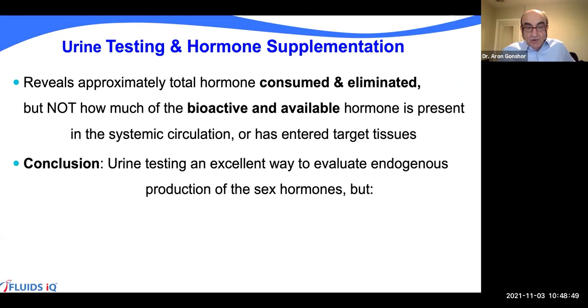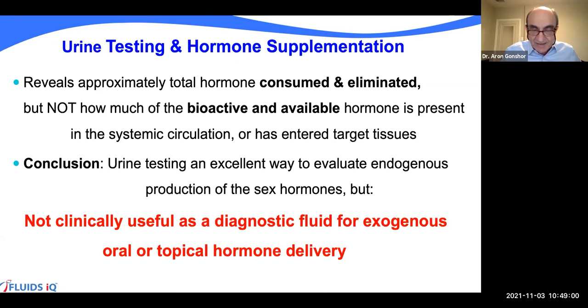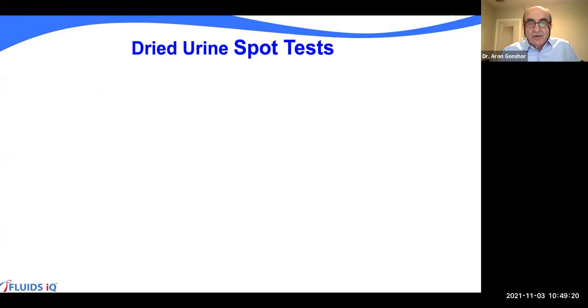So we do know that urine testing is an excellent way to evaluate endogenous production by the body of sex hormones, but it is not clinically useful as a diagnostic fluid for exogenous oral or topical hormone delivery. And remember, most delivery of exogenous sex hormone therapy is done by the oral or topical route. So that puts urine into question.